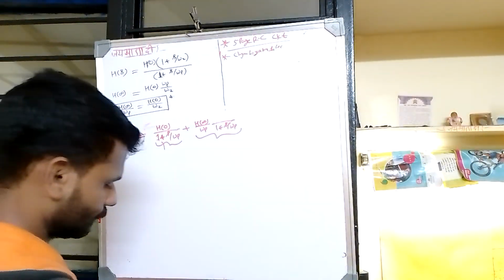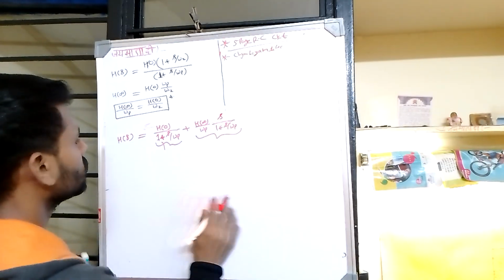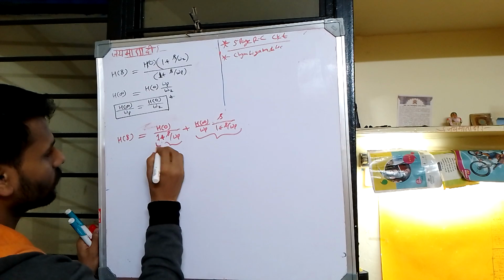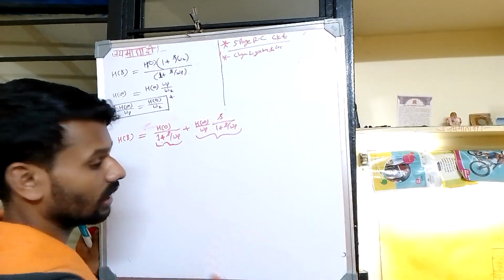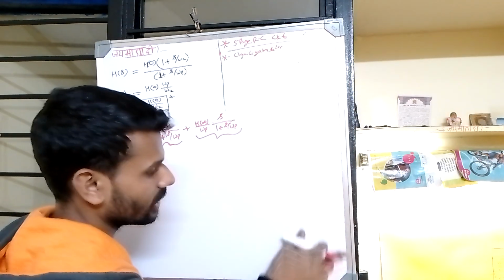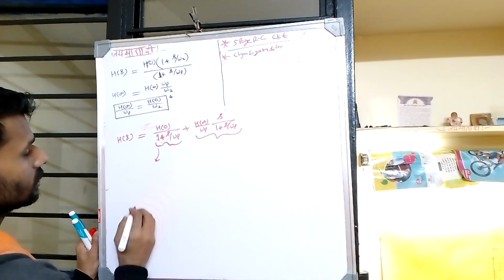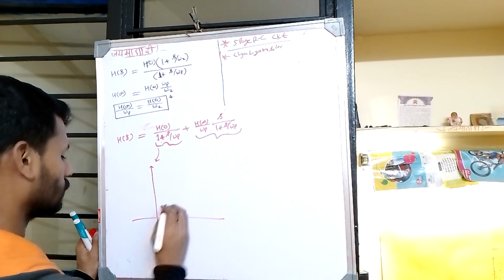See, for the ramp response, this is S, and for this transfer function I already discussed this.